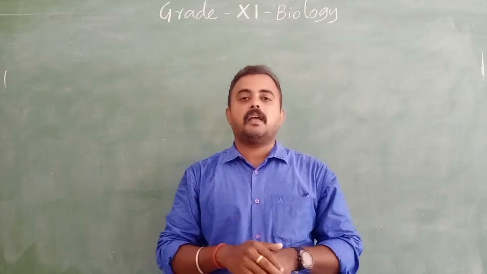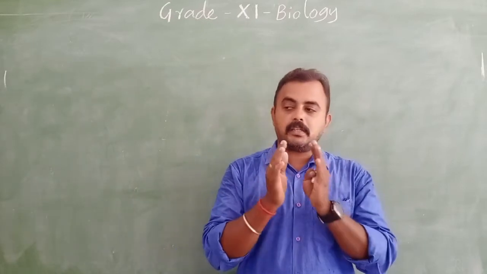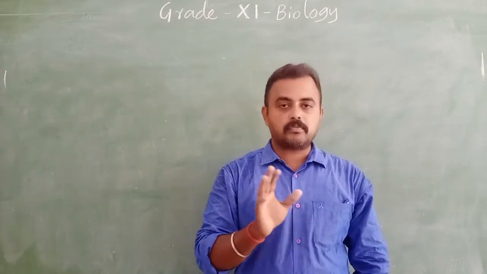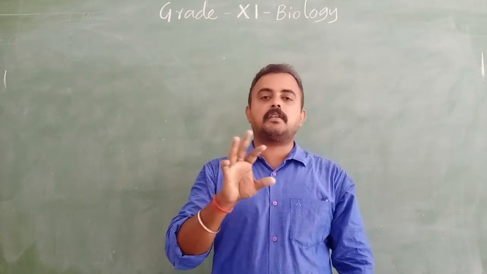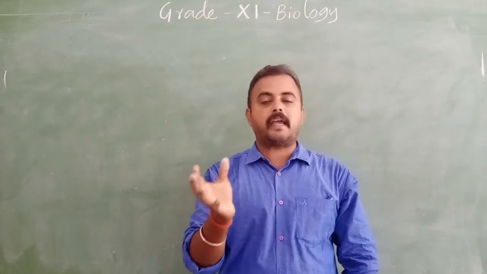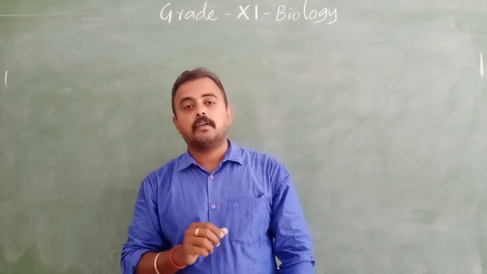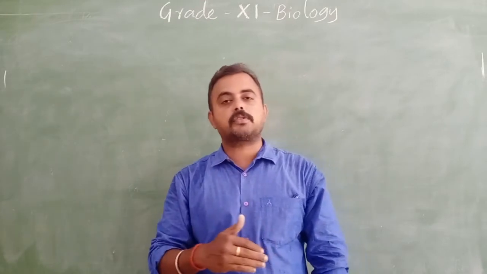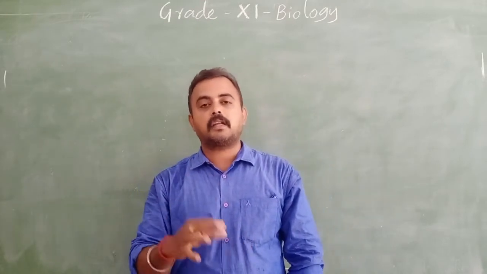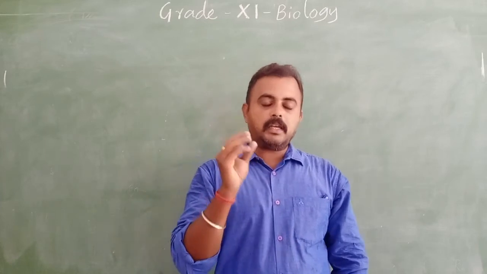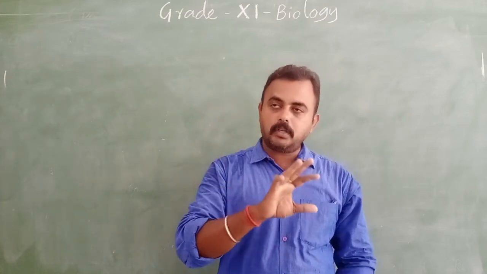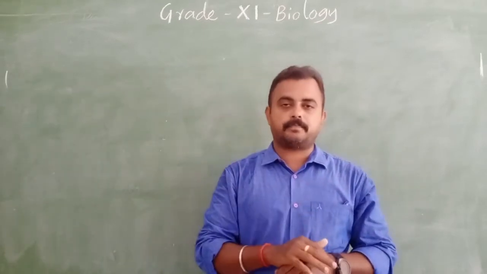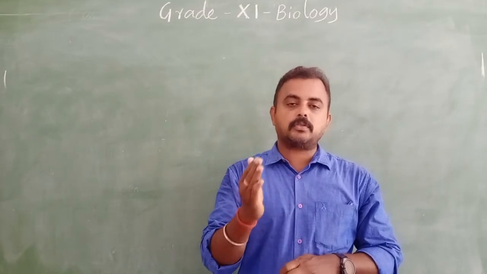Next, exchange of gases. How does it happen in the human body? We have seen especially in the alveoli how the gaseous exchange happens, then from the blood vessels to the tissues, how it happens. In both places it happens by simple diffusion, from higher concentration to lower concentration.